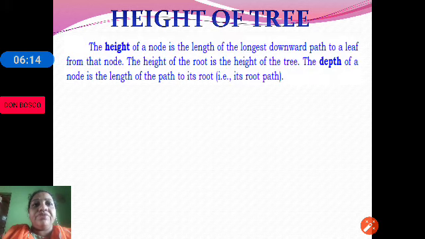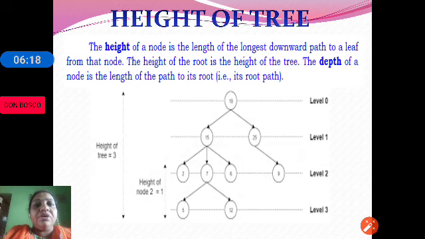Next is the height of the tree. The height of the tree is the longest path from the root to the leaf. From the root we start until we reach the leaf node.